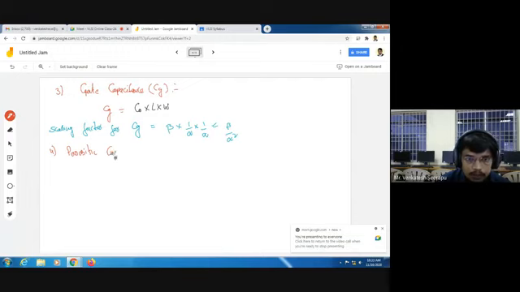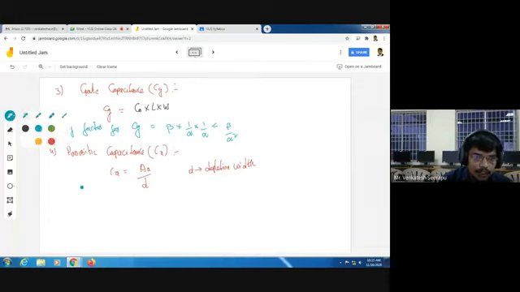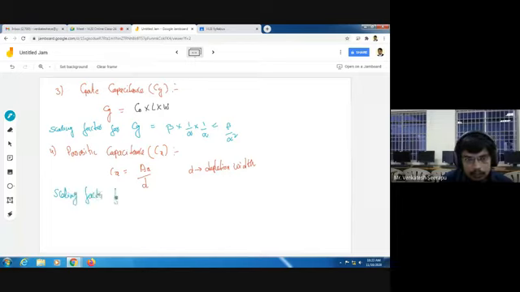Parasitic capacitance Cx is equal to Ax by small d, whereas d is the diffusion width, depletion width. Now tell me the scaling factor for Cx. Any one of you tell me the scaling factor for Cx. What may be the scaling factor for Cx? Sir, beta by alpha.